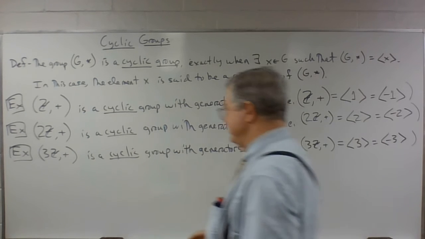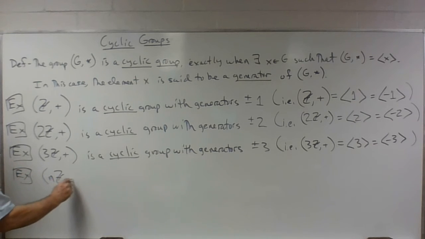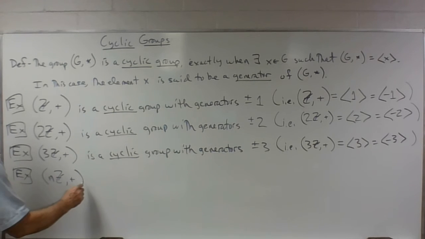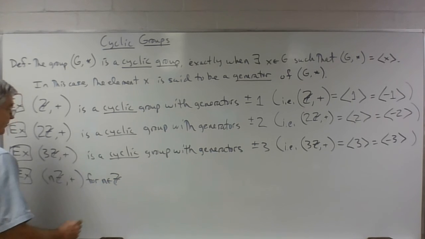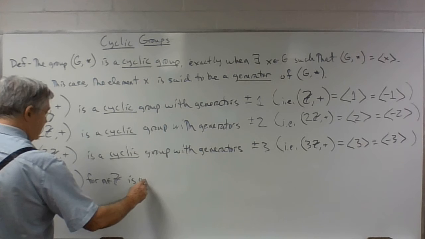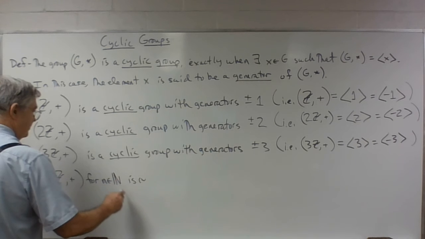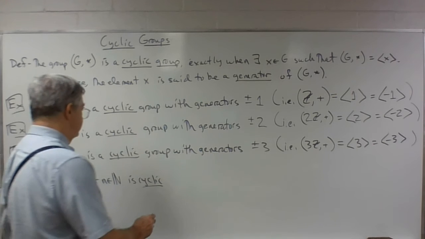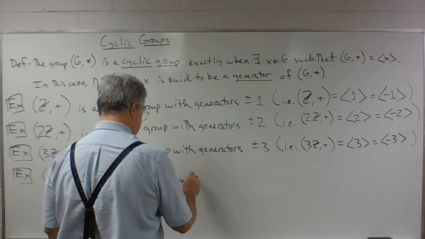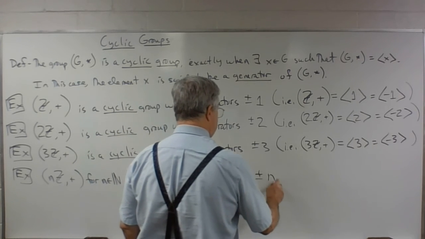Okay, let me generalize this. NZ for any N in Z. But you know what? Let me just restrict that to the natural numbers. This is cyclic with generators plus or minus N.